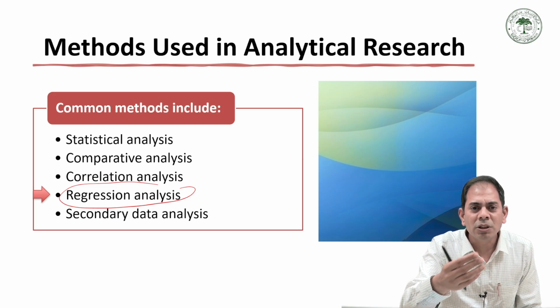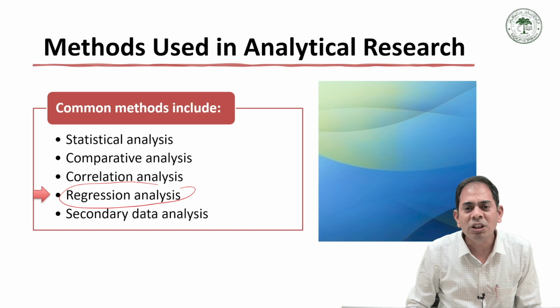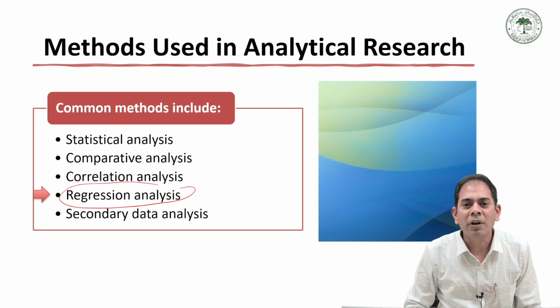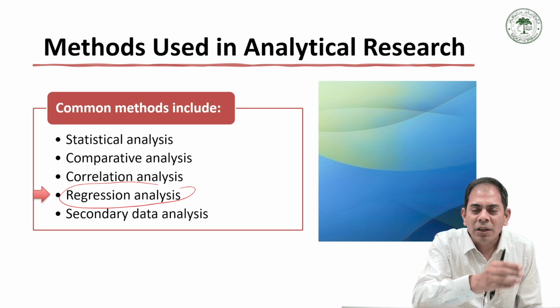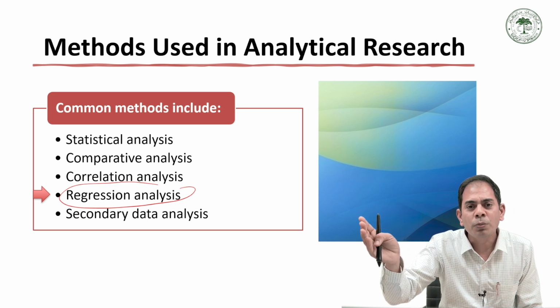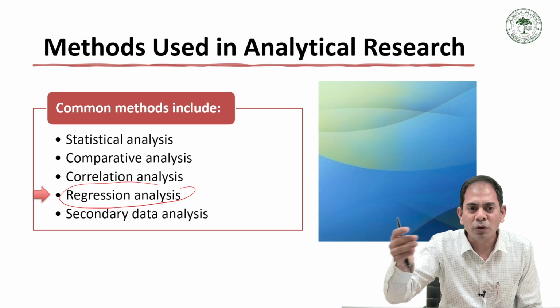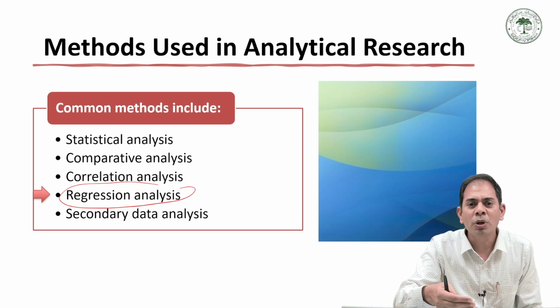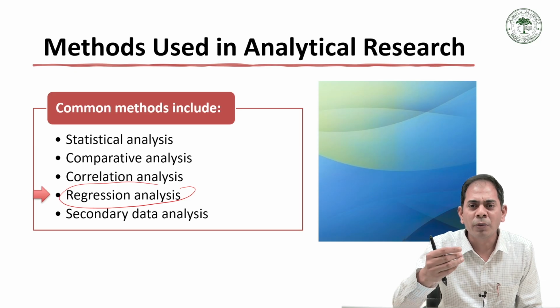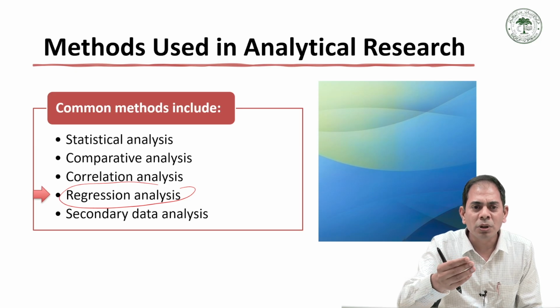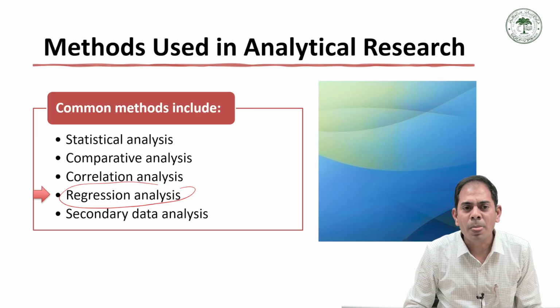It helps the researcher understand how changes in independent variables influence a dependent variable. It means we can change independent variables and it will affect the output variable, that is called the dependent variable. Regression analysis is especially used for prediction and forecasting. It shows the strength and direction of the relationship between the variables.